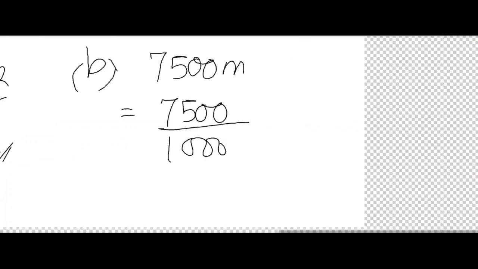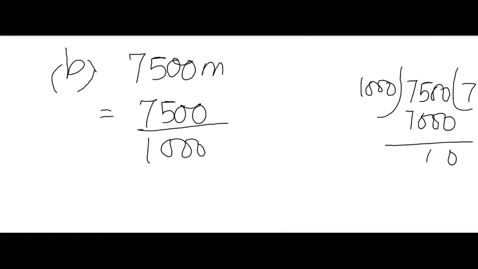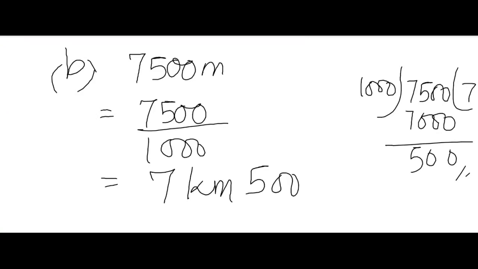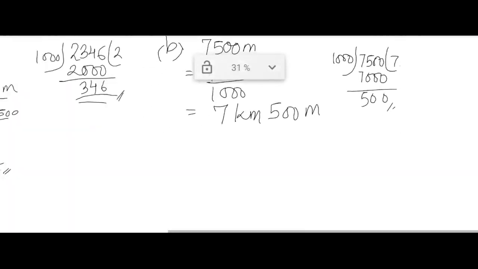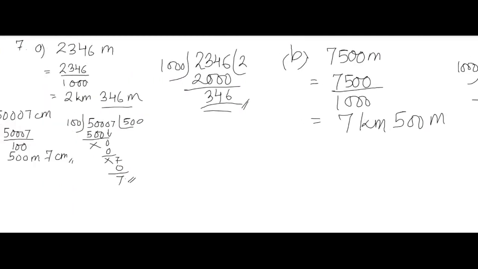When you divide it with 1000, what will be your answer? 1000 7s are 7000 and your remainder will be 500. So you will write this 7 in kilometer, 7 kilometer 500 meter. This is the way you will convert kilometers into meters, meters into kilometers.